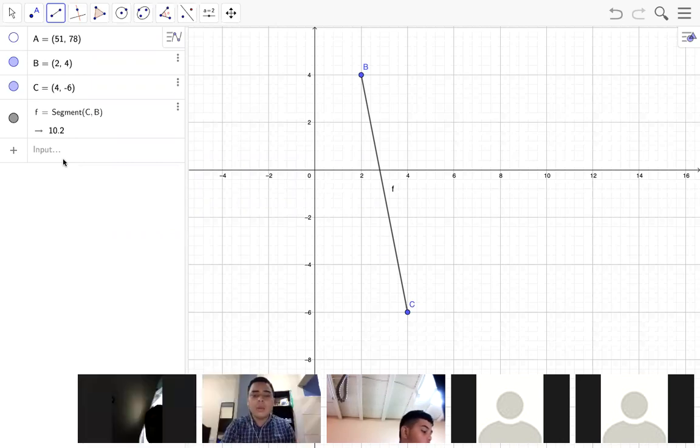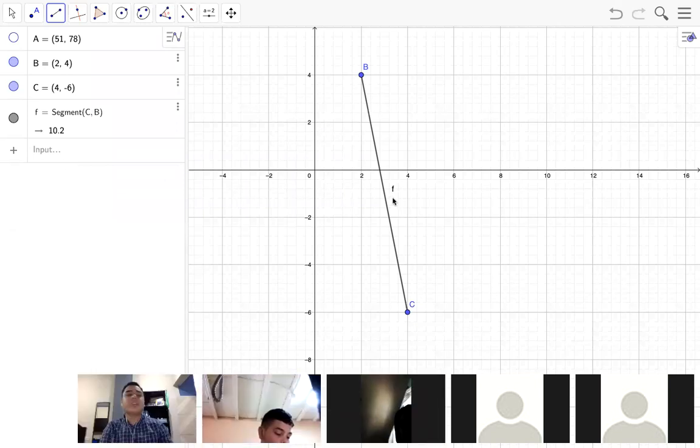You will see that we have different systems: the international system and the English system. The English system is used in the United States, and I guess in England too, and the international system is used all around the world. But at the moment, we don't know what units we have here. We only know that the distance between here and here is 10.2.